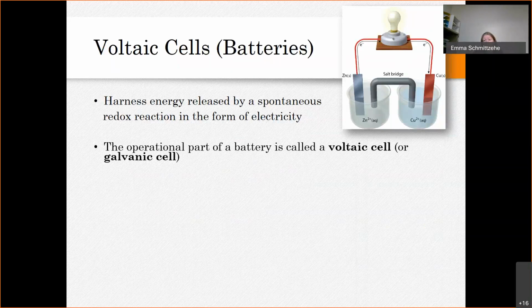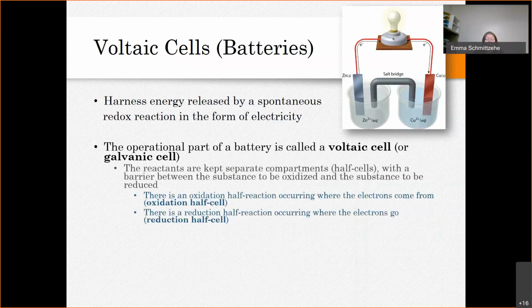But within a voltaic cell or a battery, what you have is the reactants of your redox reaction, but they're separated, okay? Because we don't want that reaction to just go and the energy to be gone because we're not ready to collect it yet, okay?